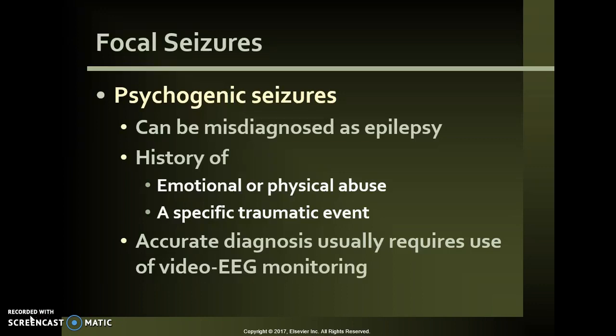In order to get an accurate diagnosis, we'll need EEG monitoring, a video EEG monitor, to identify the events surrounding the seizure. If the diagnosis of epilepsy is excluded, we'll look at the history of emotional or physical abuse, or maybe some specific traumatic event that may be triggering these things. And some patients may have a variety of different issues that are causing this.